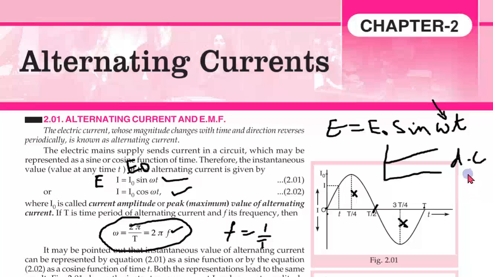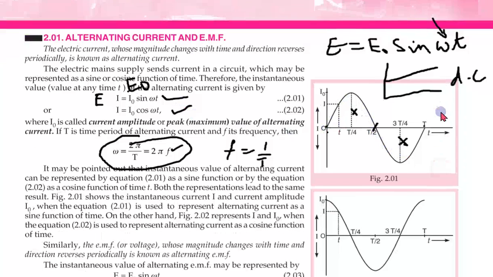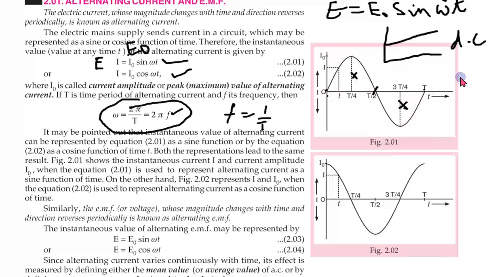Here the wave starts from origin 0. That means it is a sine equation. If we compare these two equations, the first one starts from 0 and the second one starts from maximum.